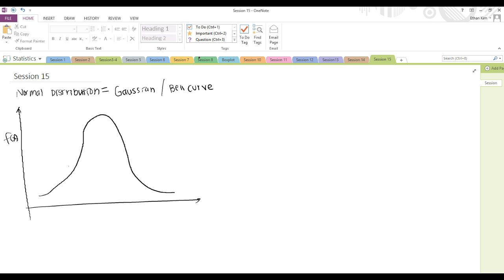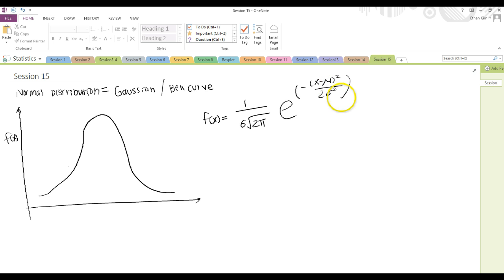You don't really have to know it, but the formula looks as follows: e to the negative x minus mu, and so on.